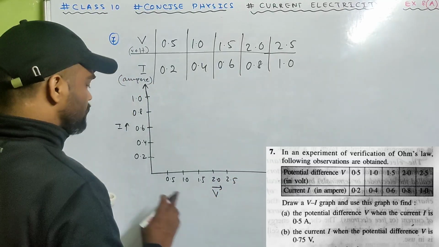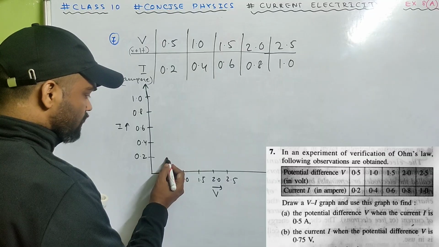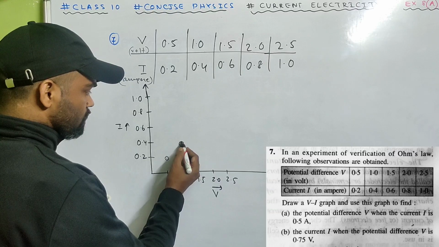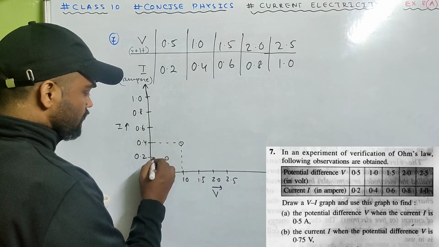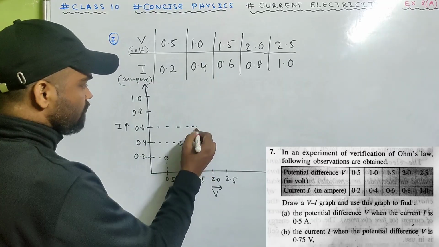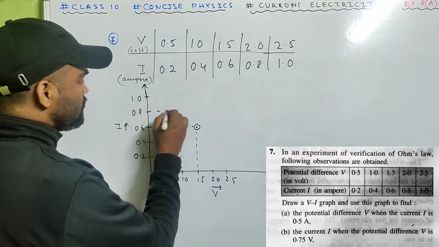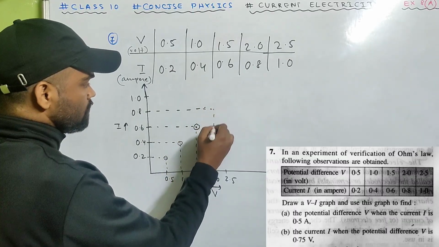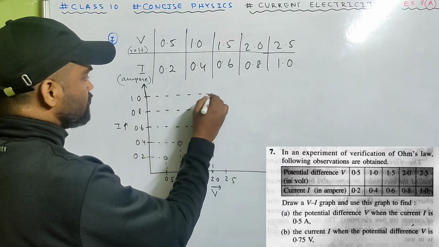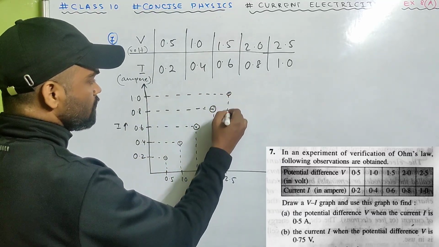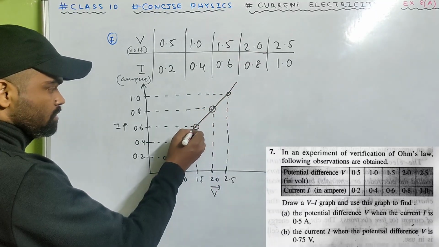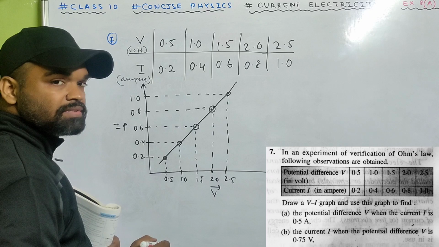Now we plot the points. 0.5, it's 0.2. 1, it's 0.4. Yes or no? Look carefully. Then 0.6 and 1.5 over here. 0.8, 2.0 over here somewhere. Then 2.5, it's 1. Like this. So when you join all these points, you're getting a straight line like this.